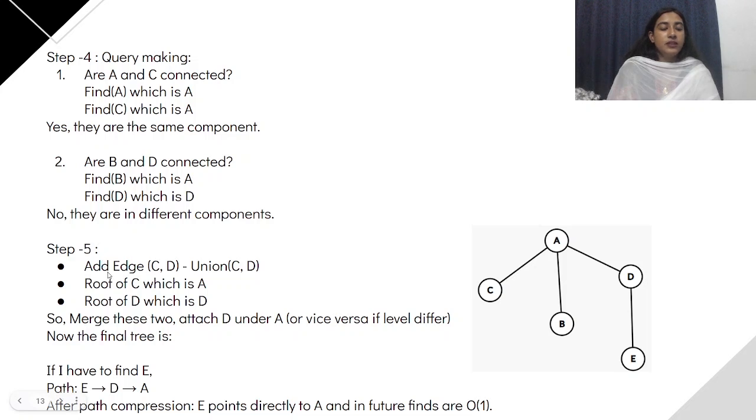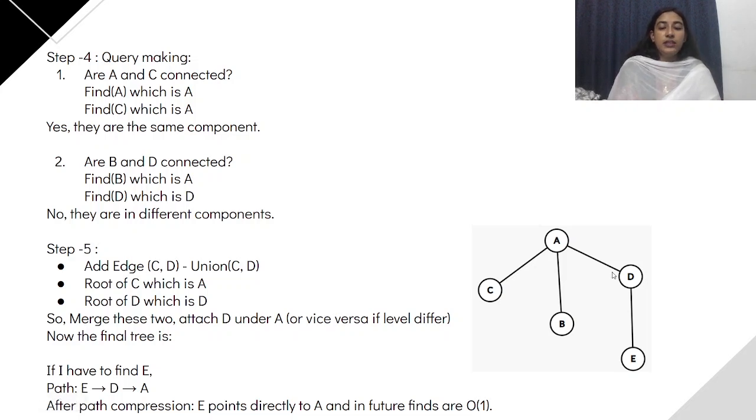So step 5 is we have to add CD. So the connected union is C and D. We can see that C, D is connected through the line of A. Merging these two, attach D under A, or vice versa, it can be labeled differently.